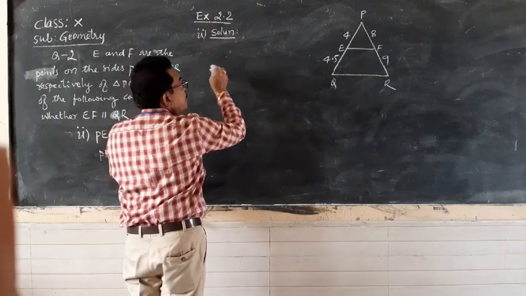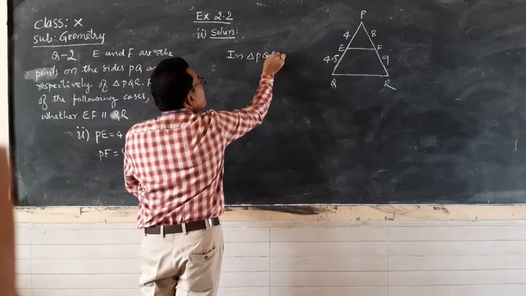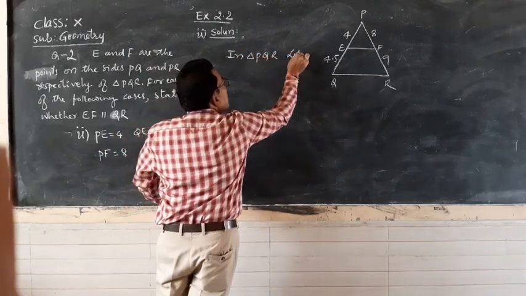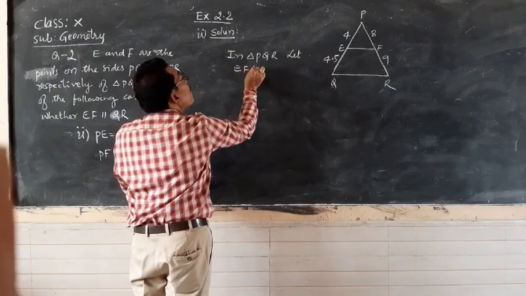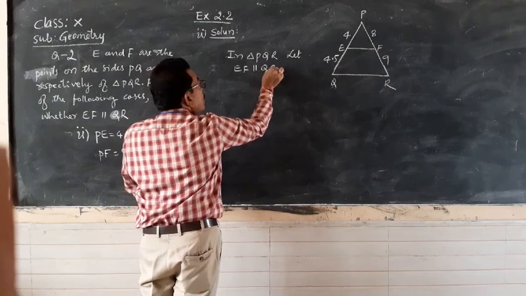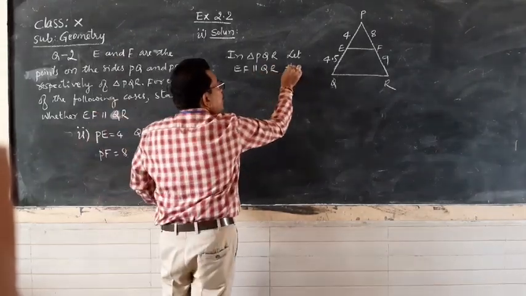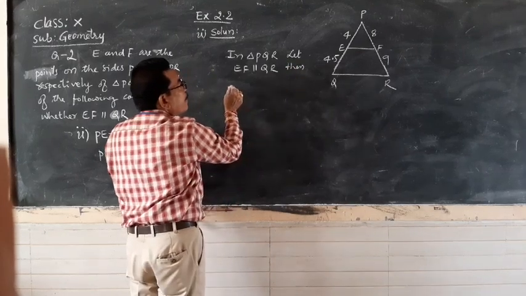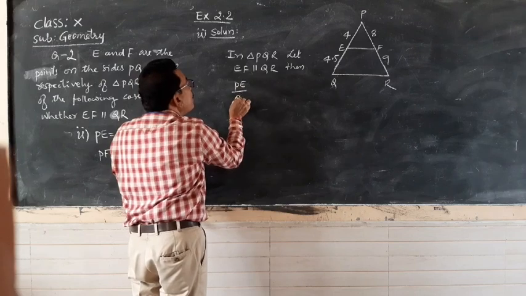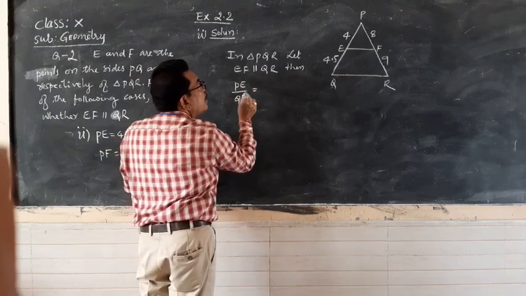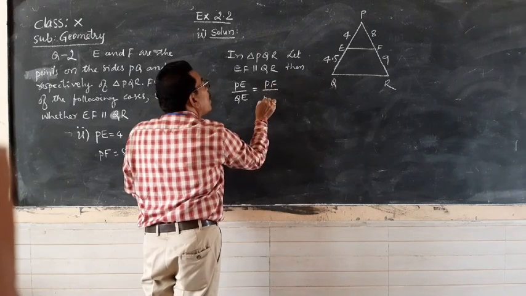Second one, in triangle PQR, let EF be parallel to QR by assumption. So then PE by QE equals PF by RF.